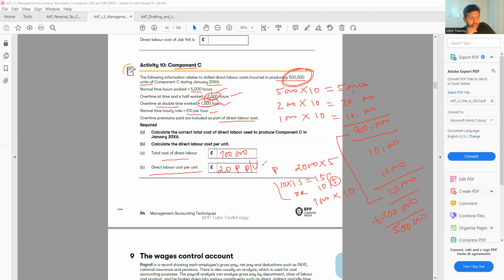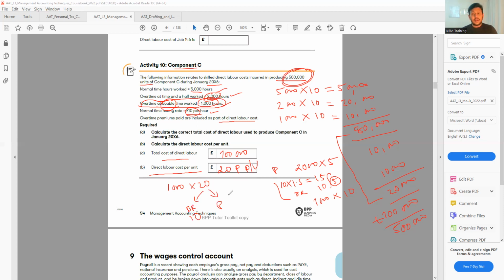Why is the premium for double time overtime 10,000? Because they said for the 1,000 hours of overtime the rate is double. If the normal rate is 10, the double rate is 20. Out of 20, 10 is the basic rate and 10 is the premium.